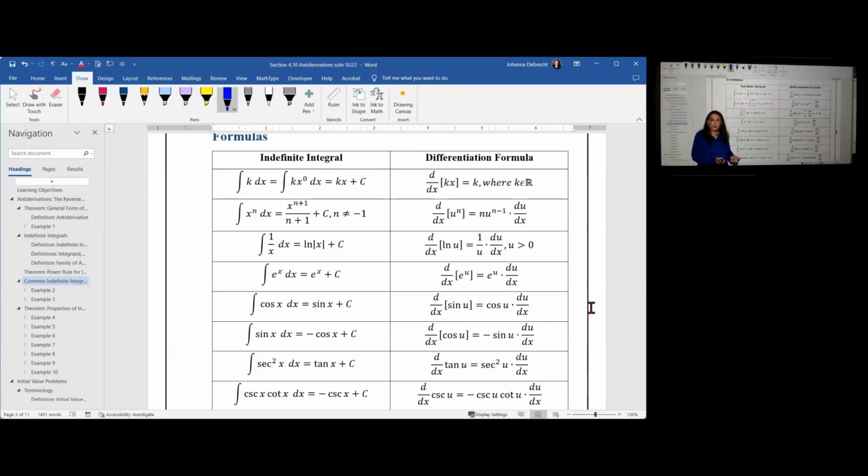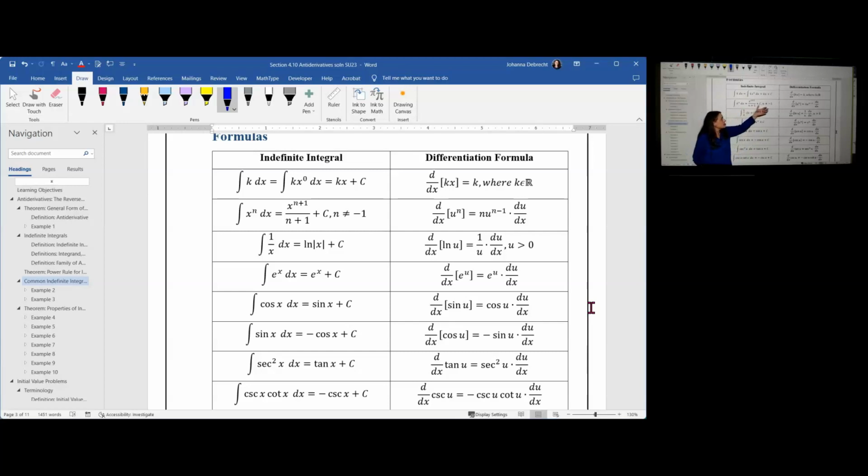One function that does that is the constant times x, and I get kx plus c. In fact, we can think of the constant as a constant times the variable raised to the 0th power, and then we can apply the power rule. Increasing the power by 1 brings it to 1, and dividing by 1 gives us kx. Plus c gives us the entire family. This is because the derivative of kx gives us k.